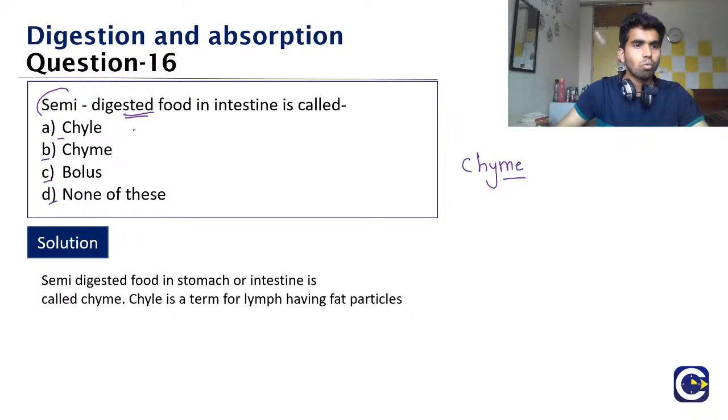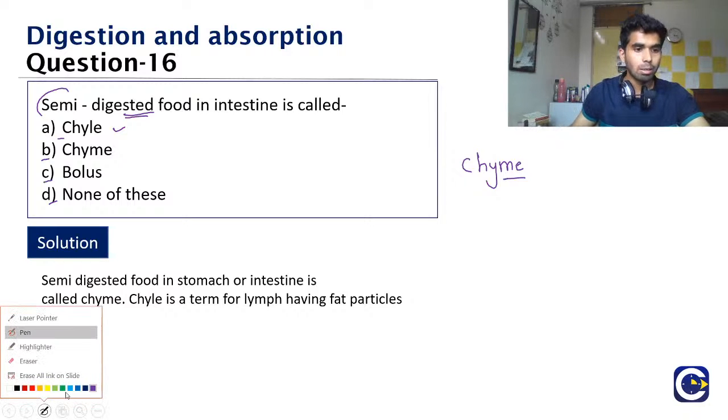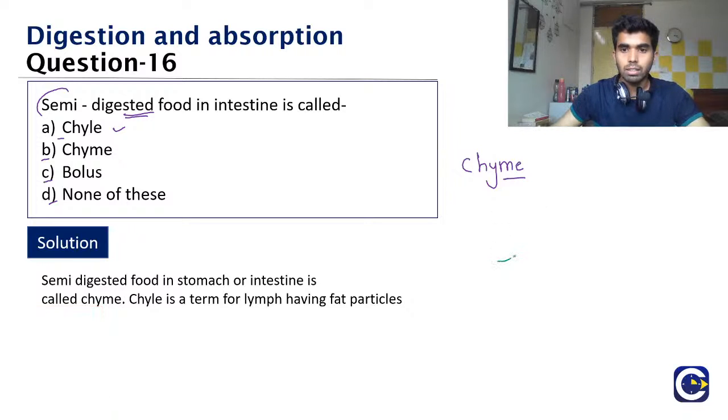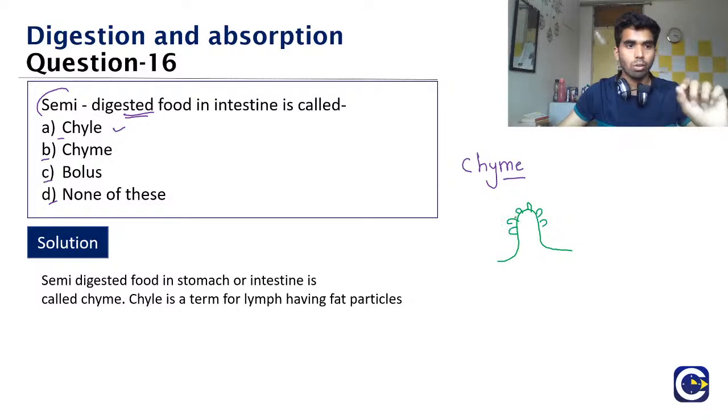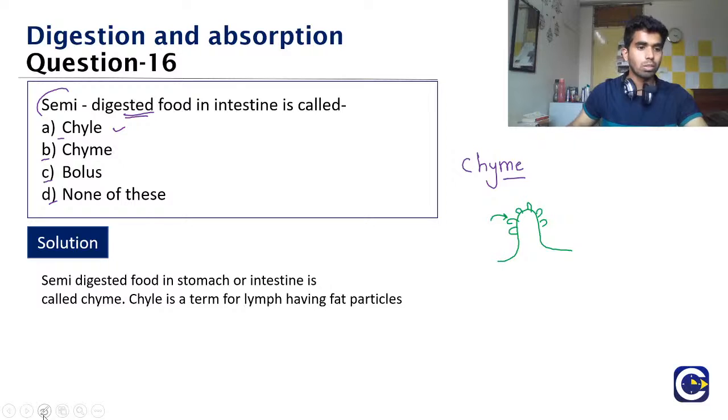Then what is chyle? As we have discussed earlier, see, this is the mucosa of the small intestine, and here the villi are present, and from these villi the food is getting absorbed and has to reach the blood, which is why a blood vessel is present in the villi.